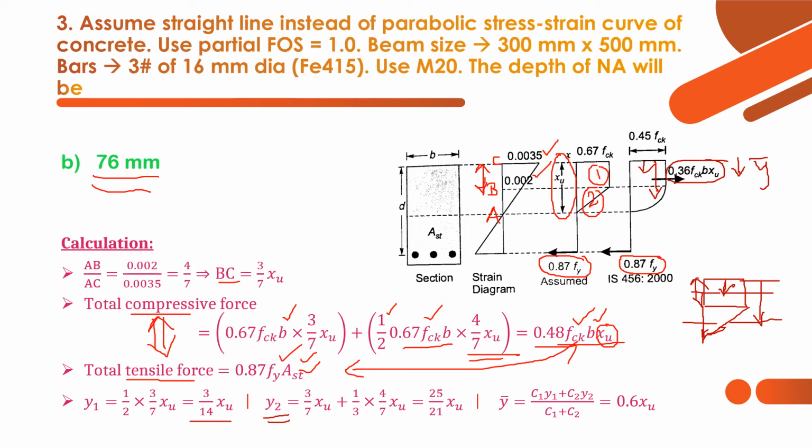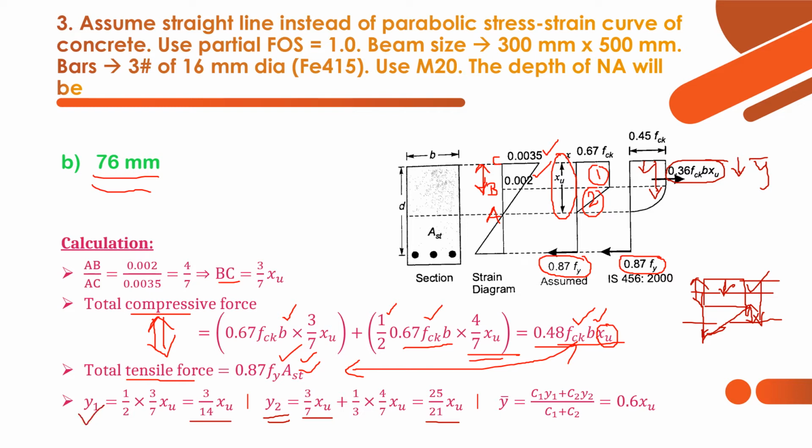And y2 is the height of the rectangular block plus the centroidal distance of the triangular section. So 3 by 7 xu plus 1/3 of 4 by 7 xu. Why 1/3? Because it is measured from the base of the triangle. So 1/3 into 4 by 7 xu, and we get the y2 value as 25 by 21 xu.